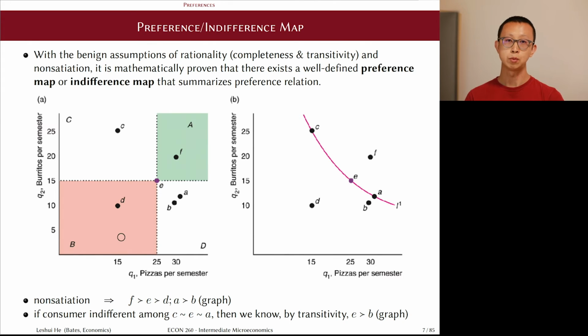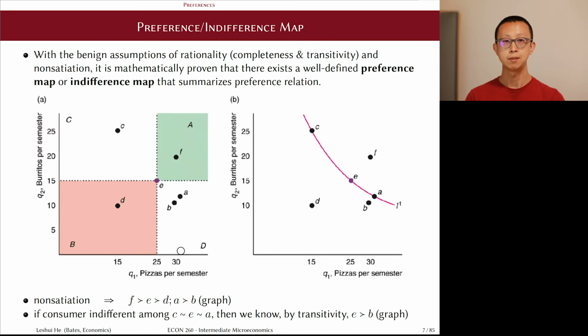So when presented with different combinations of pizzas and burritos, we expect consumers to have a preference over them. Although I might be more of a pizza person, and you might be more of a burrito person, as long as our preferences satisfy completeness and transitivity, we're able to use a graph to represent these preferences in a very straightforward way.